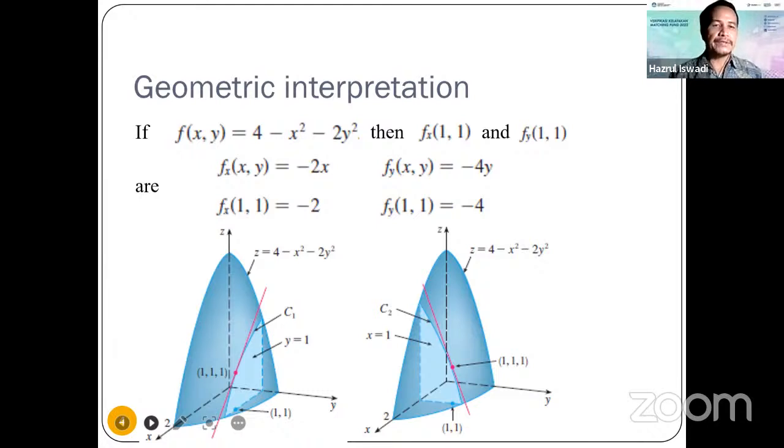This is the function f with two variables x and y, and the formula of this function is 4 minus x squared minus 2y squared.